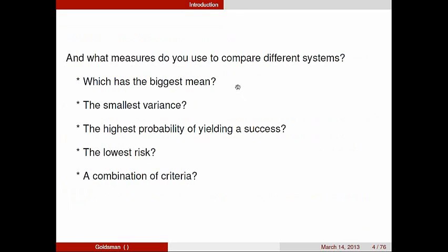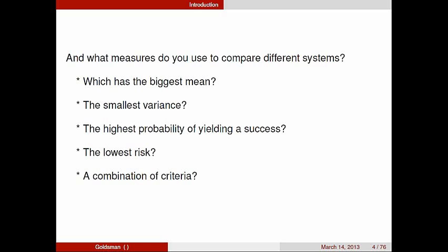So the next dimension of thought is, well, what do you even want to measure to compare different systems? I've talked about a couple of examples where we're interested in the means of the system. That's what we would use a t distribution or a normal distribution for. So I might be interested in which of the competing systems, whether there are two systems or 100, has the largest mean.